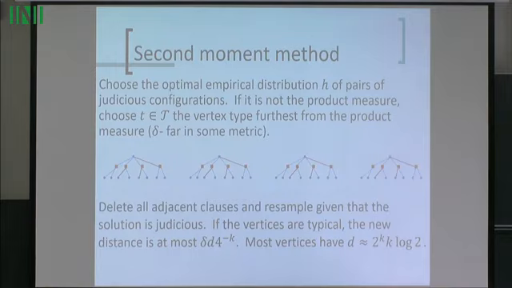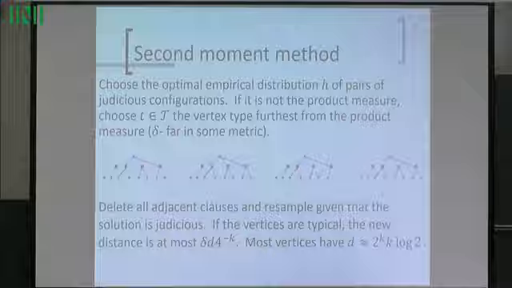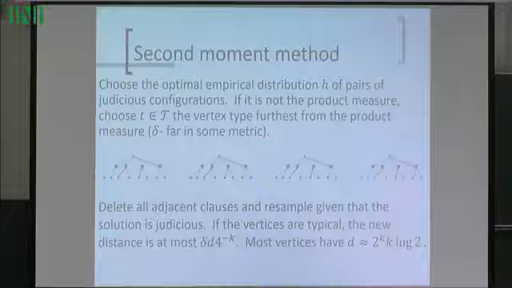It turns out you can show that after the resampling, the distribution you get at the root will be a distance at most delta times d times 4 to the minus k from the product measure in some metric. And d is about 2 to the k, so this will be much smaller than delta. But if this were the optimal empirical distribution and you did resampling, you should get the same thing back.